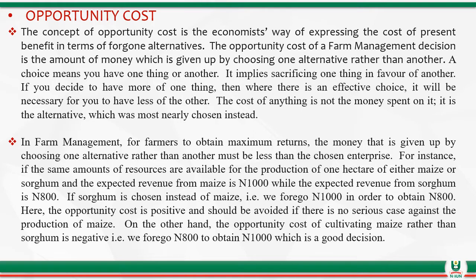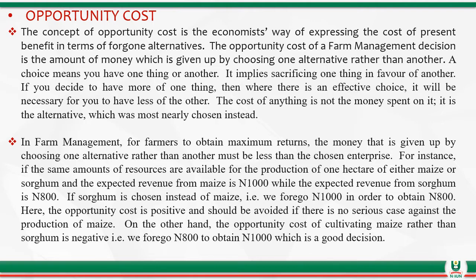So we are going to look at an example. If the same amount of resources is available for production of 1 acre of either maize or sorghum, and the expected revenue from maize is 1,000 naira while that of sorghum is 800 naira. If sorghum is chosen instead of maize, that means we forego 1,000 in order to obtain 800.